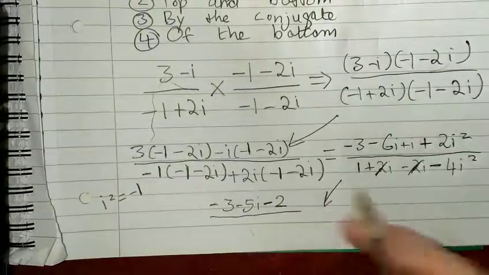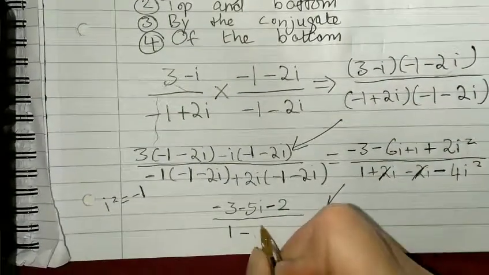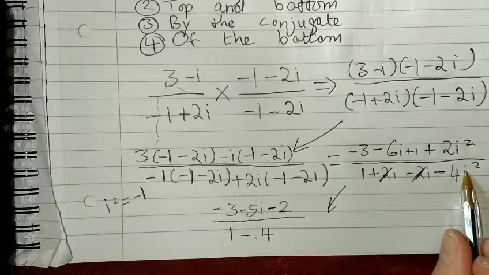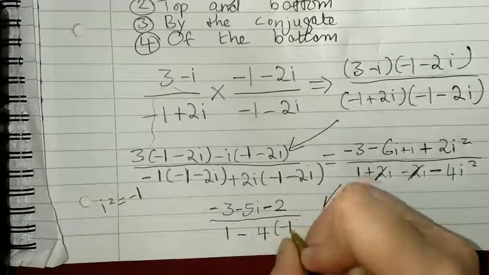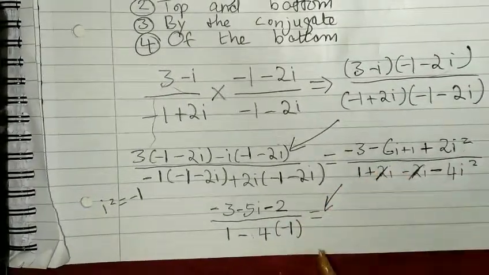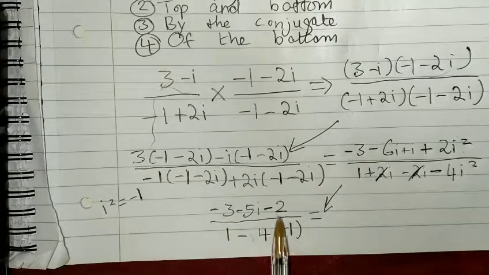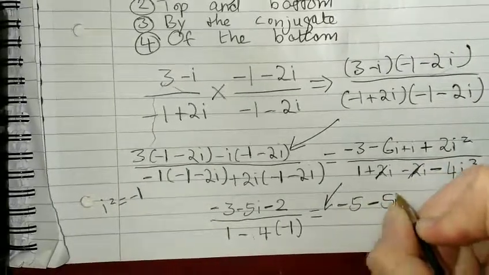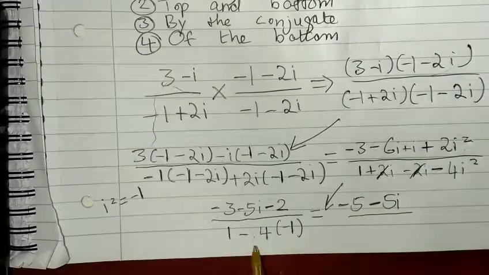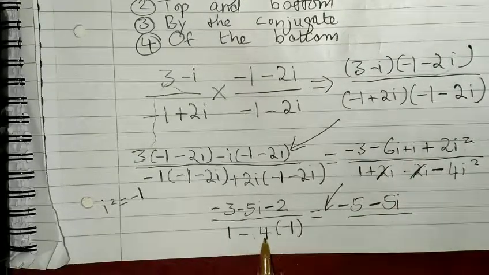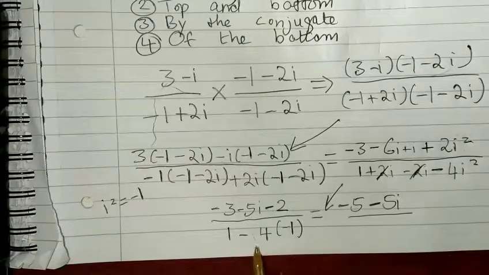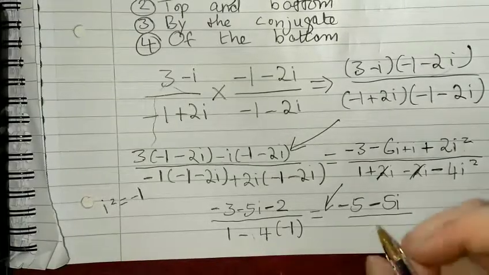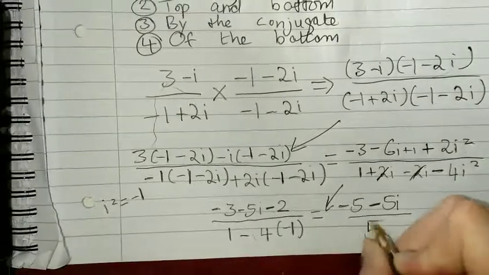On my bottom, I have 1 minus 4i squared, and instead of i squared, I'm going to sub in minus 1. So on top I have minus 3 and minus 2, so that'll be minus 5, minus 5i. On the bottom I have 1, then 4 by minus 1 gives me minus 4, and a minus by a minus gives a plus, so 1 plus 4 is 5.